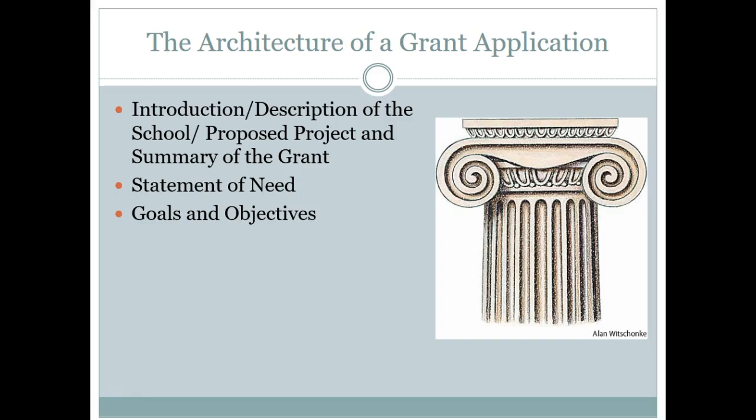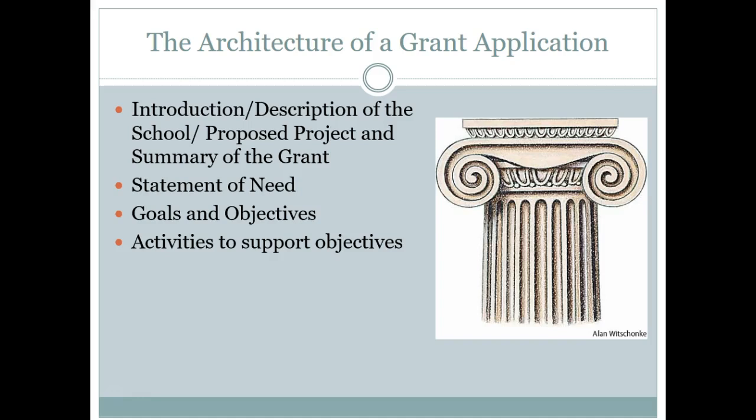So who will do what by when as measured by what instrument, which brings us on to the activities that then support the objectives. So these activities are tied to the objectives. Depending upon the application format, each activity should be described within a timeline.